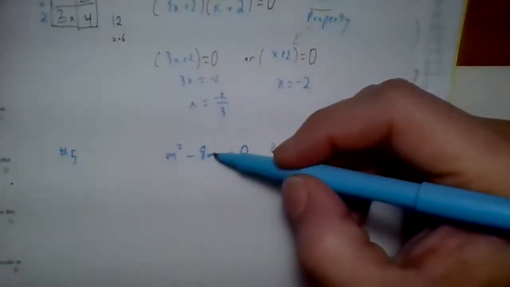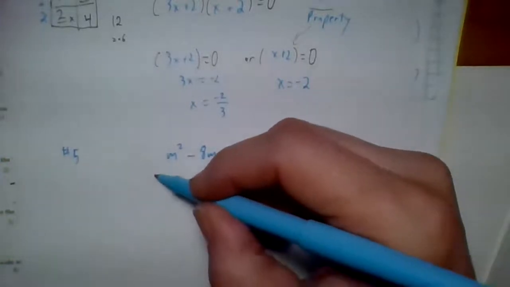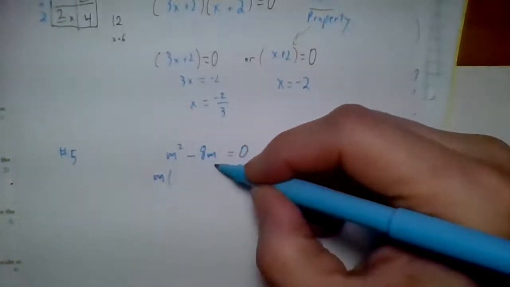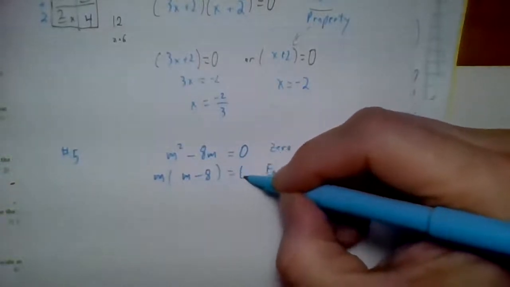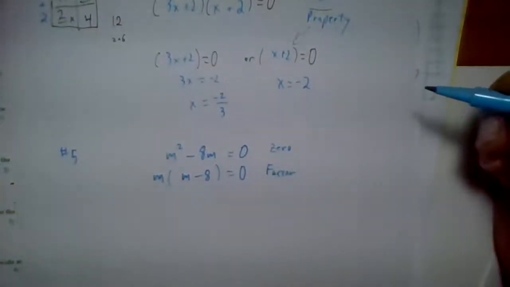It's a 2-term factoring problem, but it's got a GCF, and that's the first thing to look for. I want to factor out the GCF. There's only 2 terms, but the GCF is m. I'm going to factor that out first, and then I don't have any exponents left, so I'm done factoring on that. That's the factored form of it.